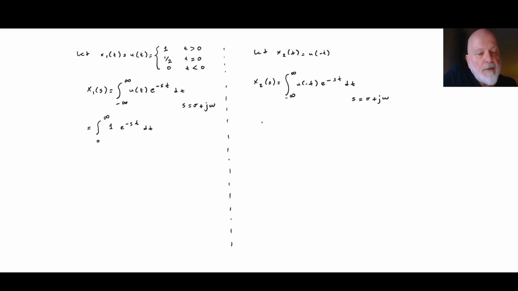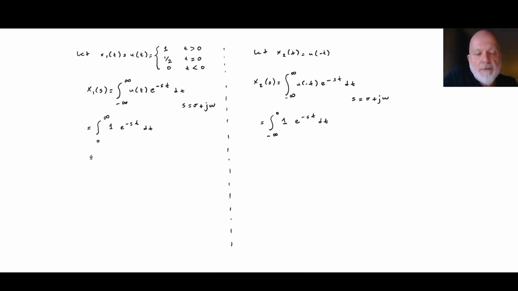Similarly, for x2 of s, u of minus t is 0 for positive values of t. Therefore, this is from minus infinity to 0. Again, the value is 1, e to minus st integrated with respect to t.